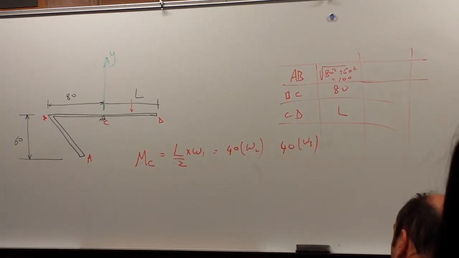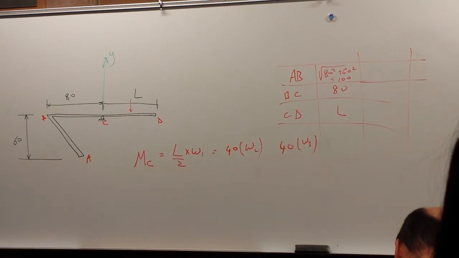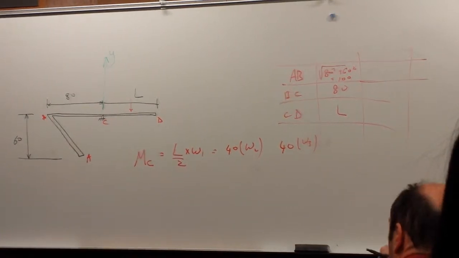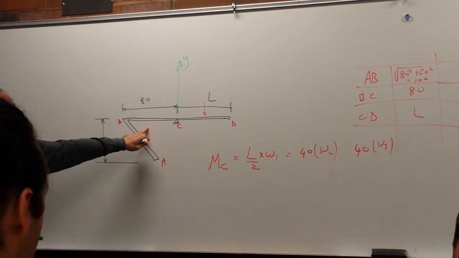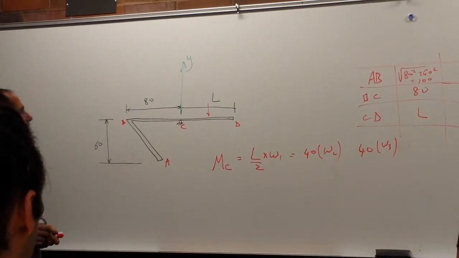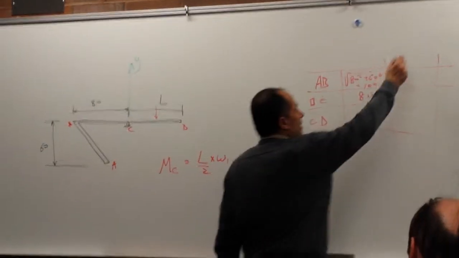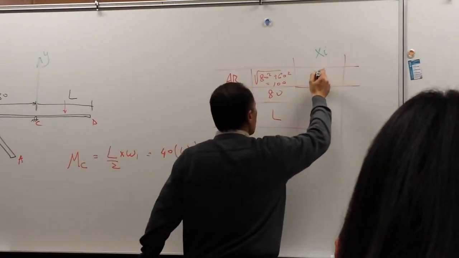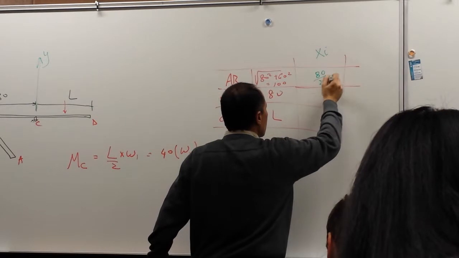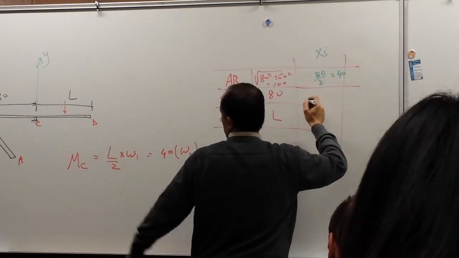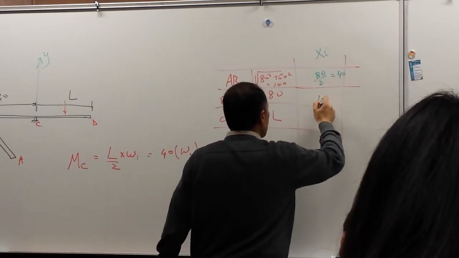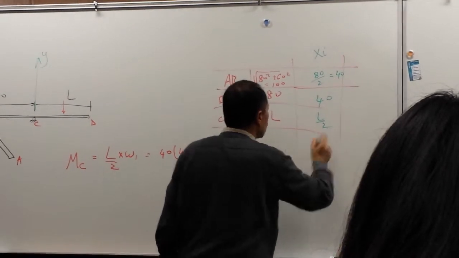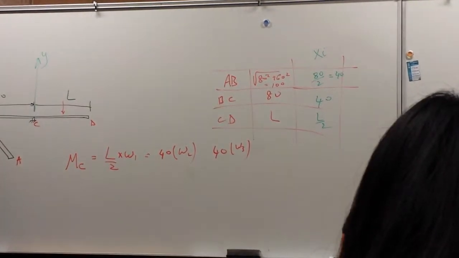I want it horizontal. So in this case, xi is going to be 80 over 2: 40 for AB, 40 for this, L over 2. Agree?